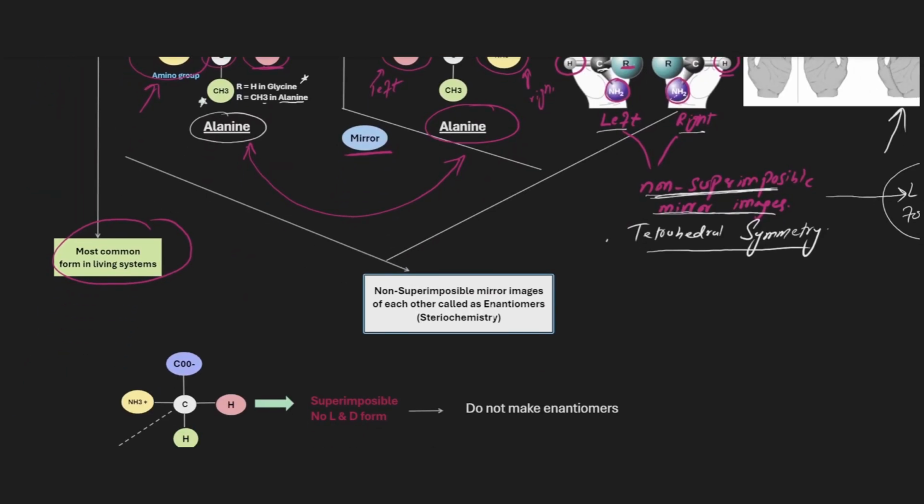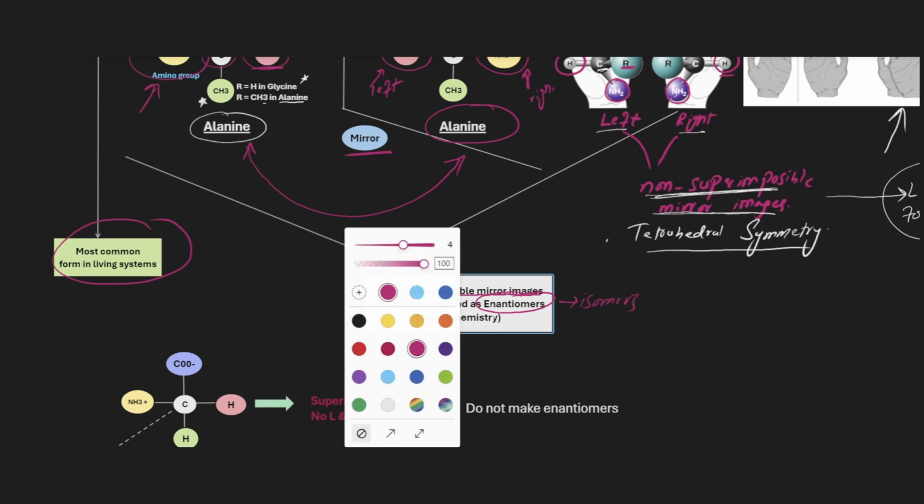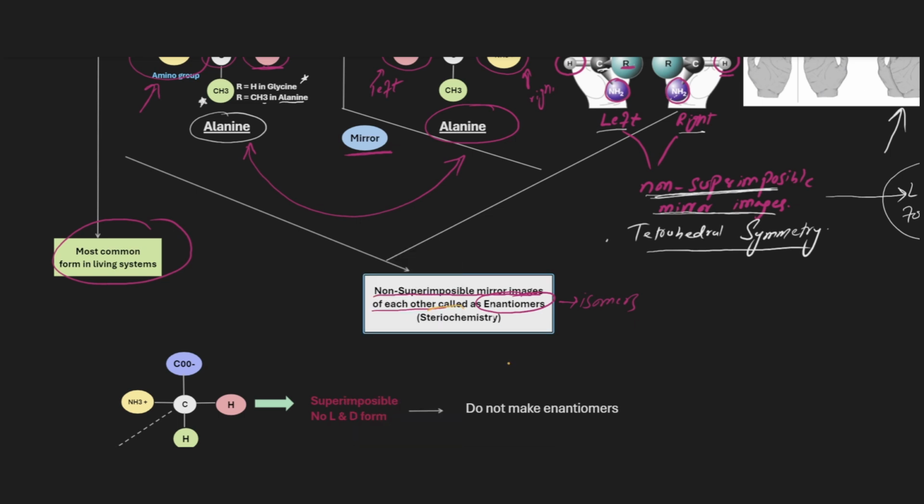So whenever they make non-superimposable mirror images of each other, they are called enantiomers, and enantiomers mean they are true isomers of each other in the language of what we call stereochemistry.